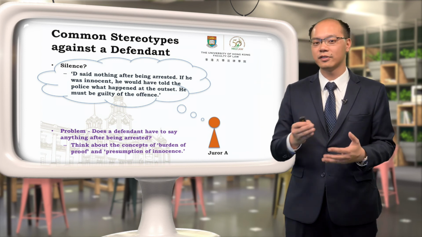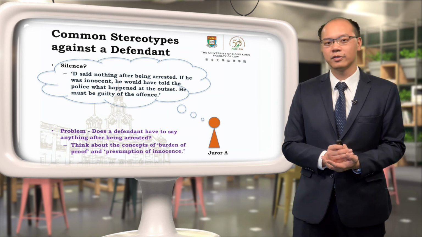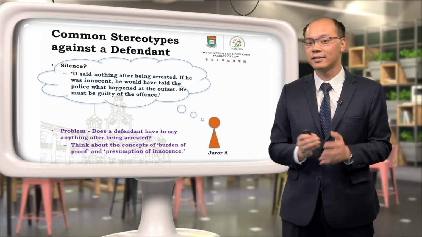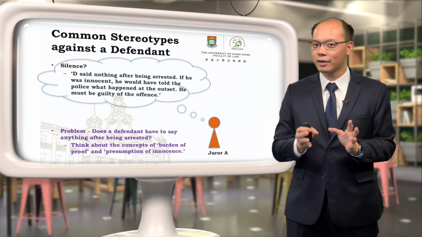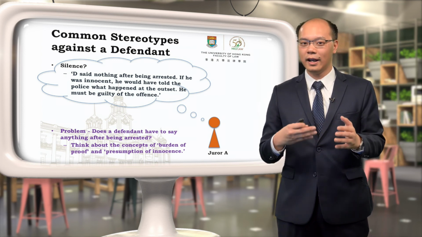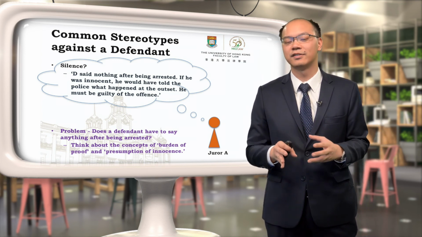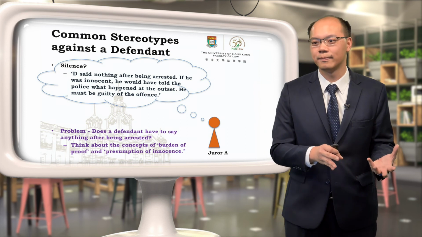Chances are you may think in this way: this person remained silent and said nothing. He must have something to hide, and therefore he decided to say nothing, all right? So it's rather common that we would think about the silence of a defendant in that particular way.